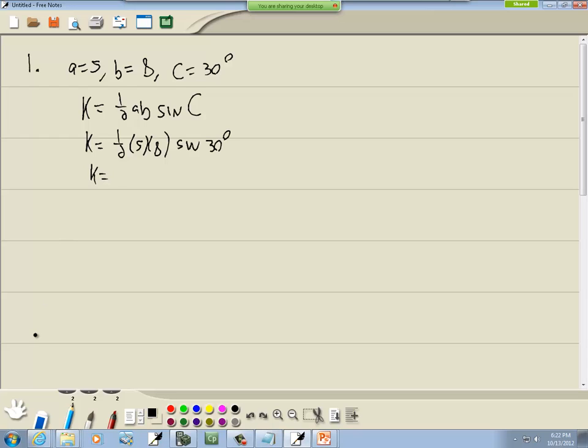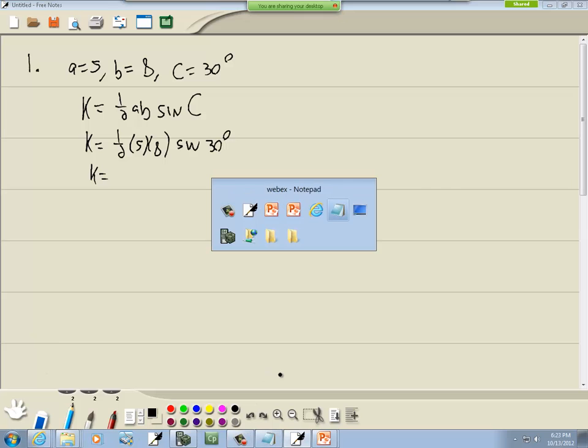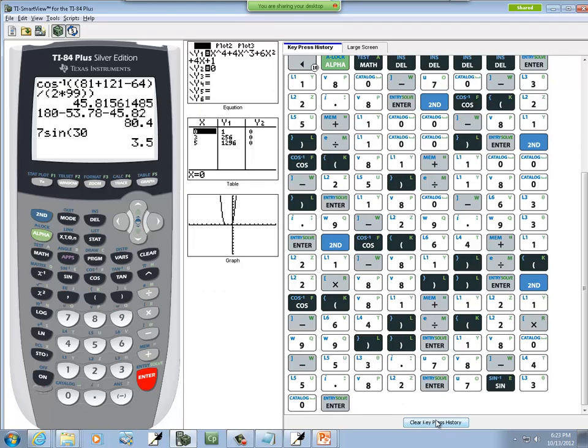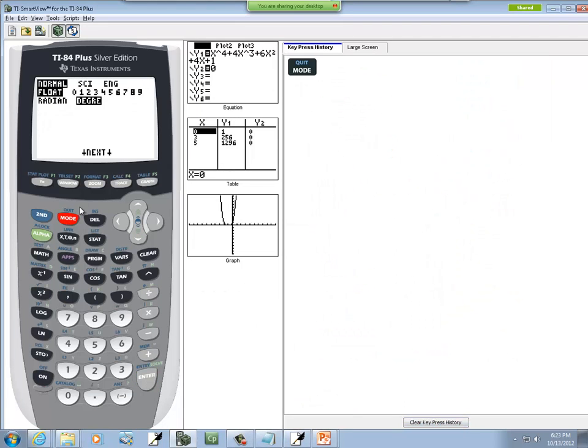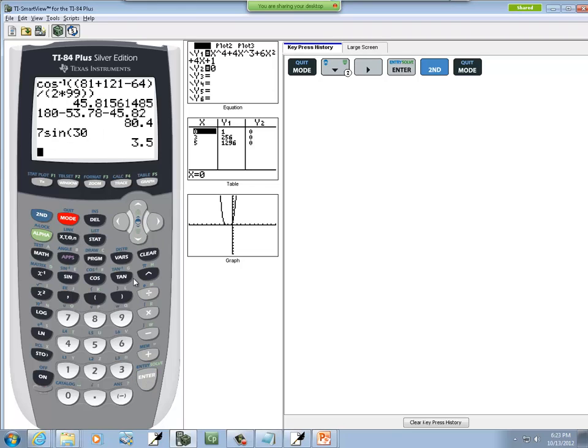Now you want to make sure you're in degrees in your calculator. So if you press mode, you can down arrow, and if you're not in degrees, right arrow, put your flashing cursor on degree and press enter. And then second mode, exit out.